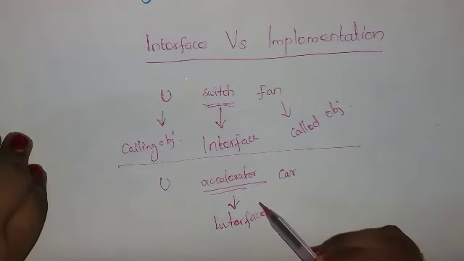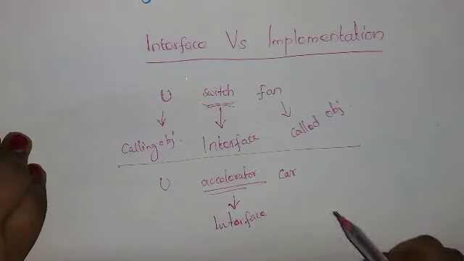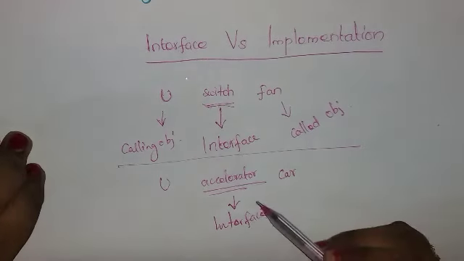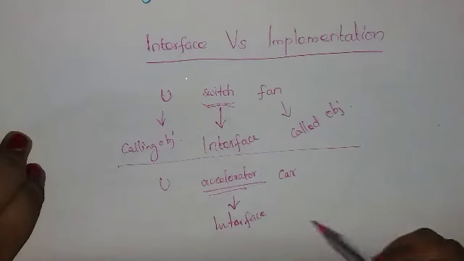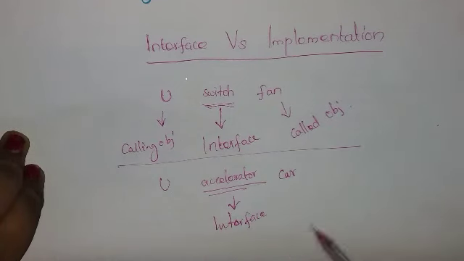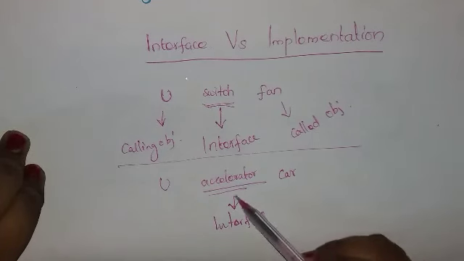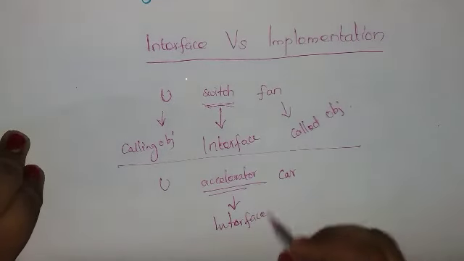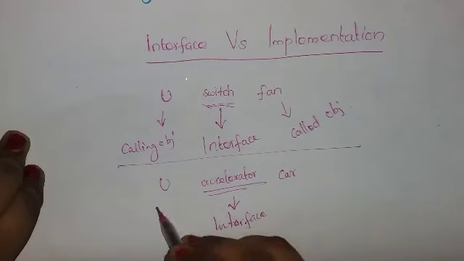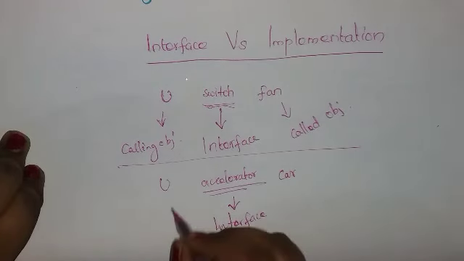The engine of the car is doing all the things. The fuel, air, pressure and electricity come together to create the power to move the car. But you don't care about this internal working of the engine. You just want to go faster, so you just press the accelerator to increase the speed. So the accelerator is the interface between you and the car.